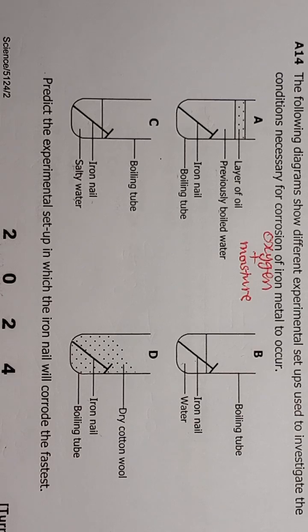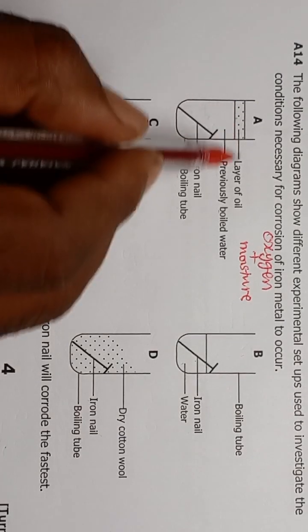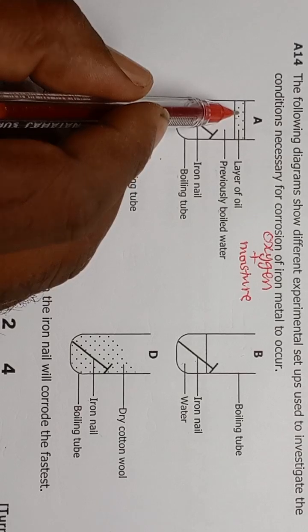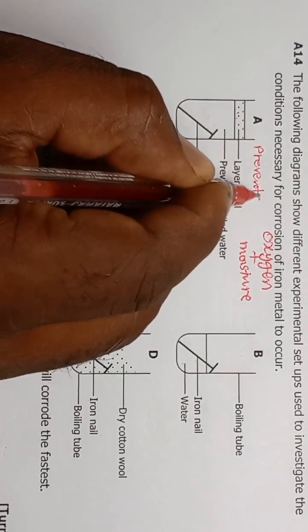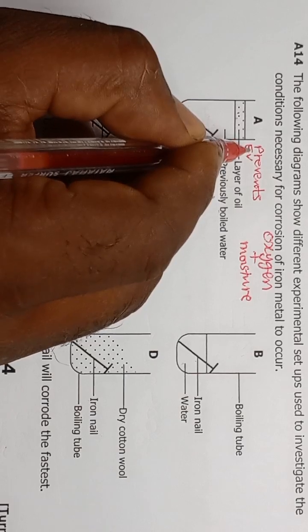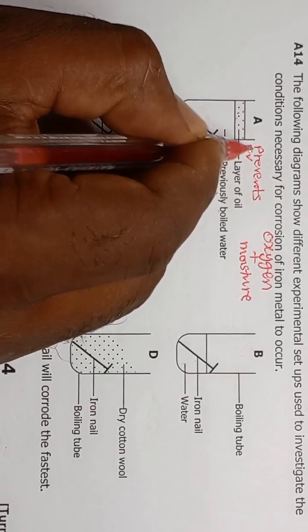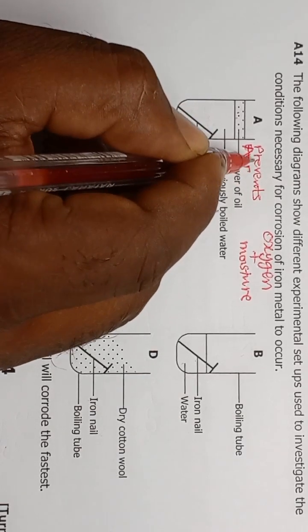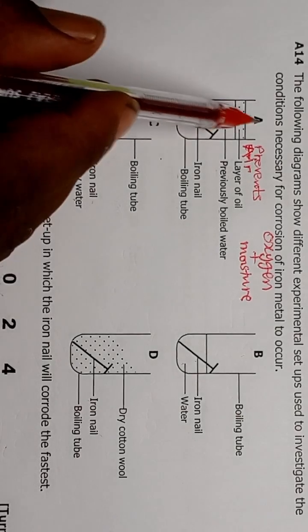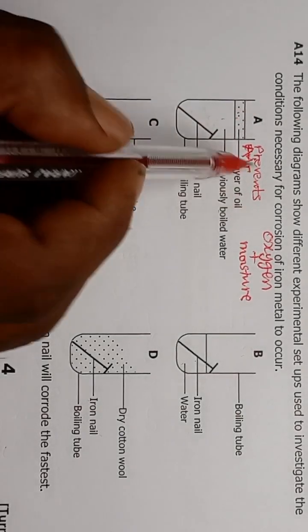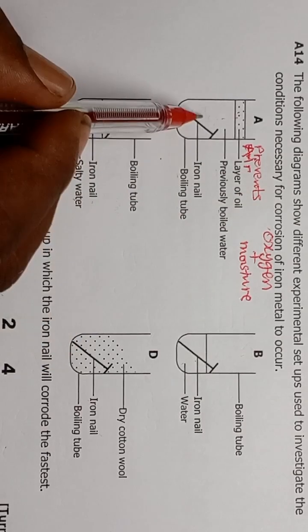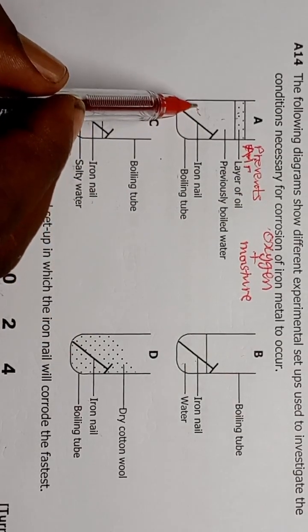Oxygen is lacking here. This layer of oil is preventing the entry or exit of air, which is oxygen. So we don't have oxygen there.